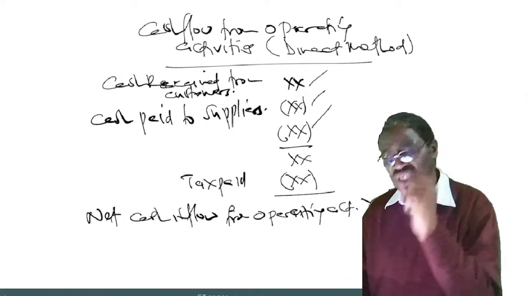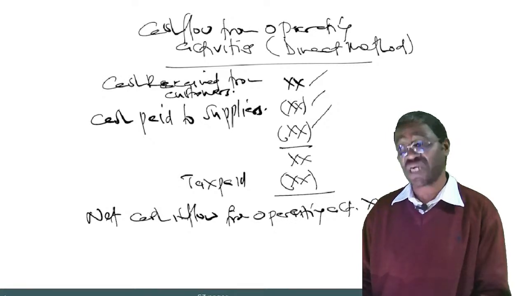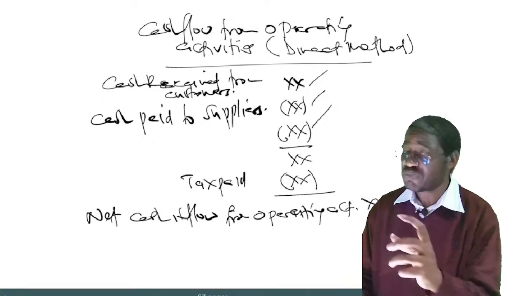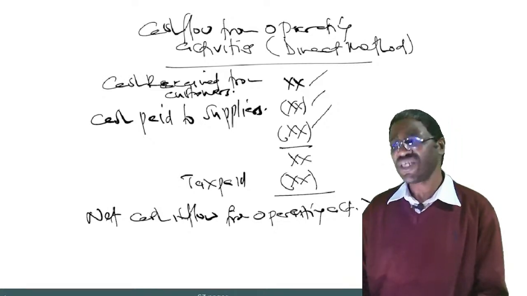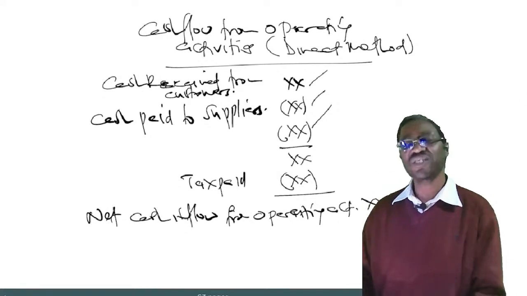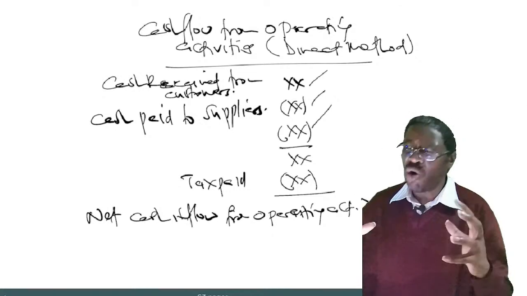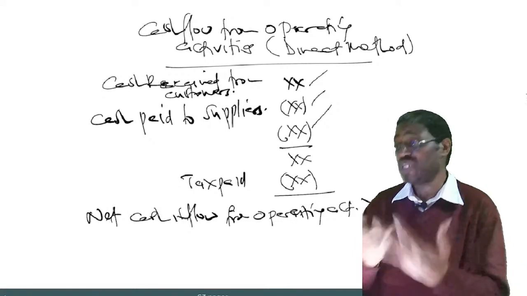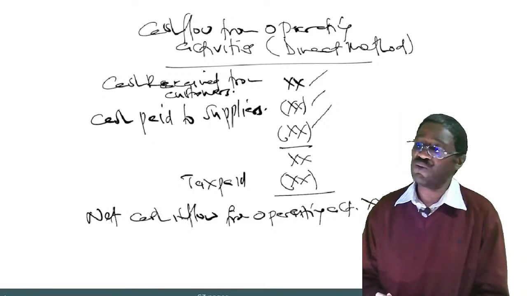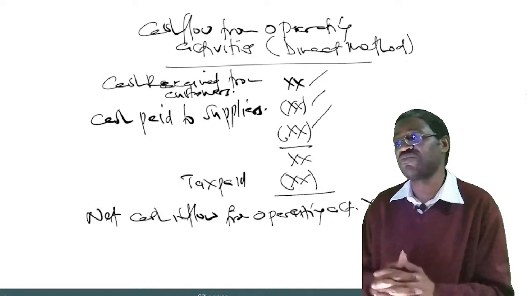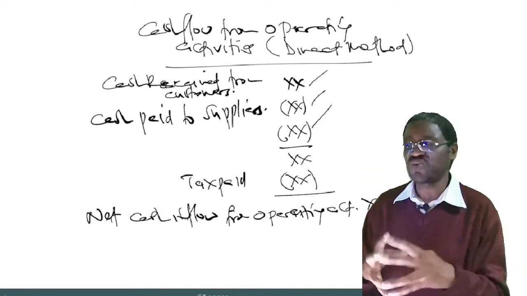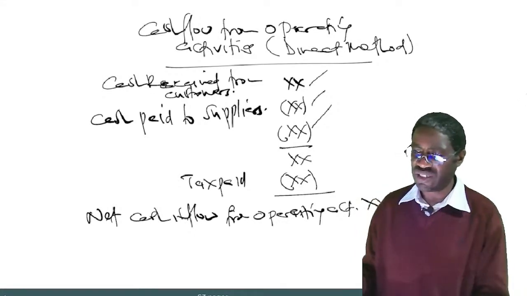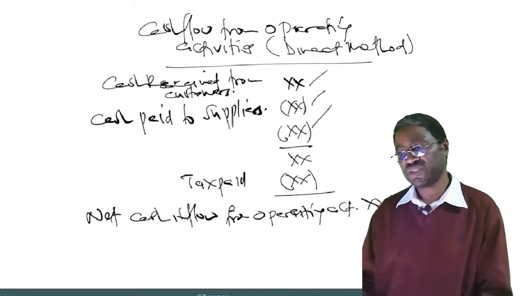But you could have also purchased more goods on cash basis, you as a company. So you still paid your suppliers for the goods you bought by cash. So when I say cash paid to suppliers, we are saying cash paid to all our suppliers, whether they are cash suppliers we paid in cash, or suppliers we bought from on credit first and later paid. It does not matter. What is it that we paid to all our suppliers? That is something you have to calculate.